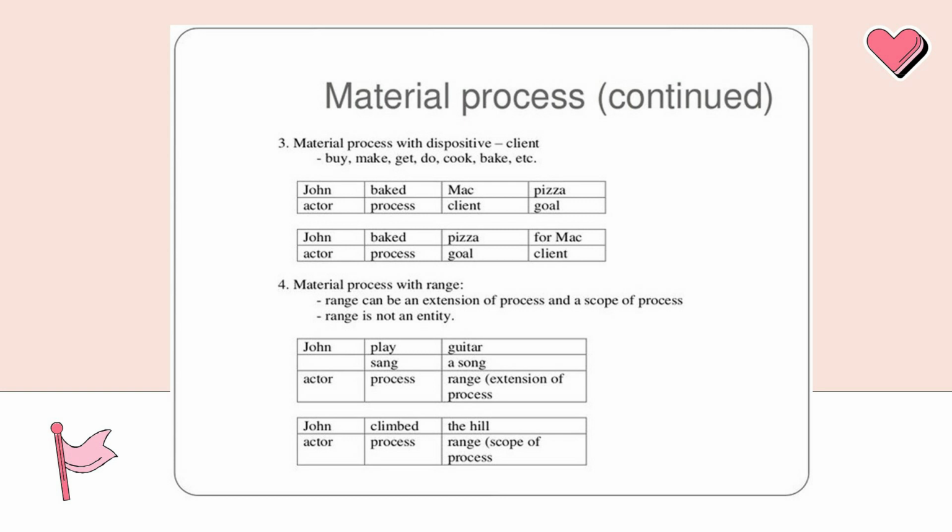John is actor, played is process, and sang is process, and the guitar and song are range or extension of process. And then the next example is John climbed the hill. John is actor, climbed is process, and the hill is range or scope of process.